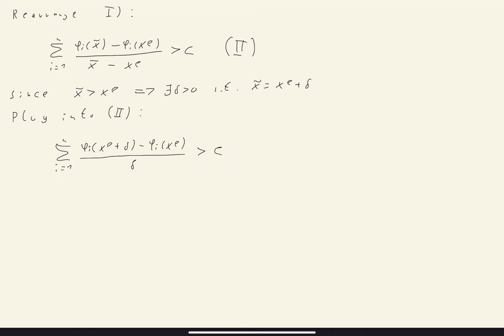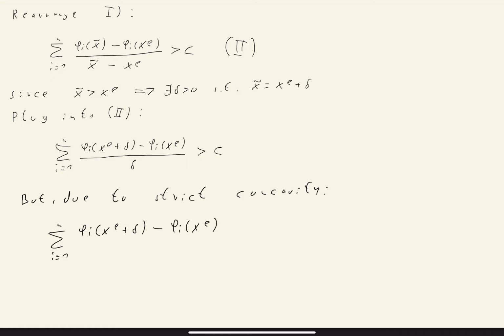But due to strict concavity, what we actually have is that the sum of phi I of xe plus delta minus phi I of xe, divided by delta, is smaller than the sum of marginal utilities, so the derivative at xe.